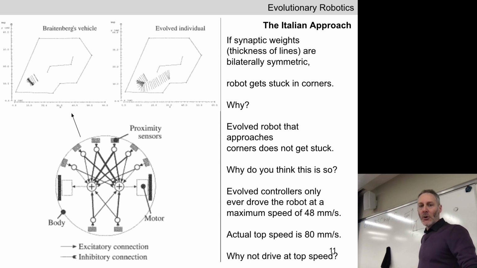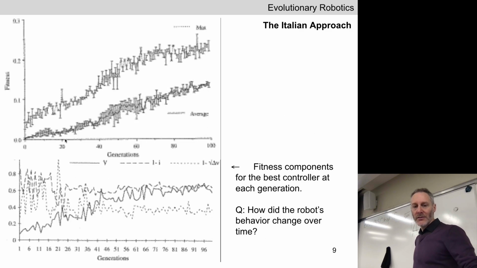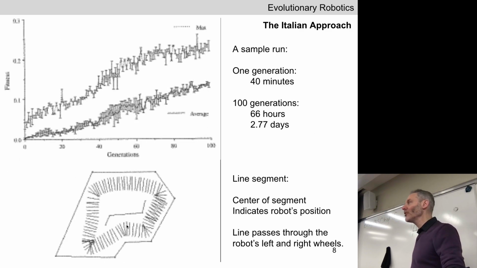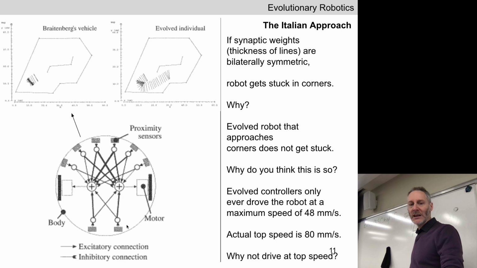Okay, so what they wanted to know was how well did they actually do? They put a lot of blood, sweat, and tears into actually evolving this behavior. How good is it? They don't know. They don't know what the optimal is.